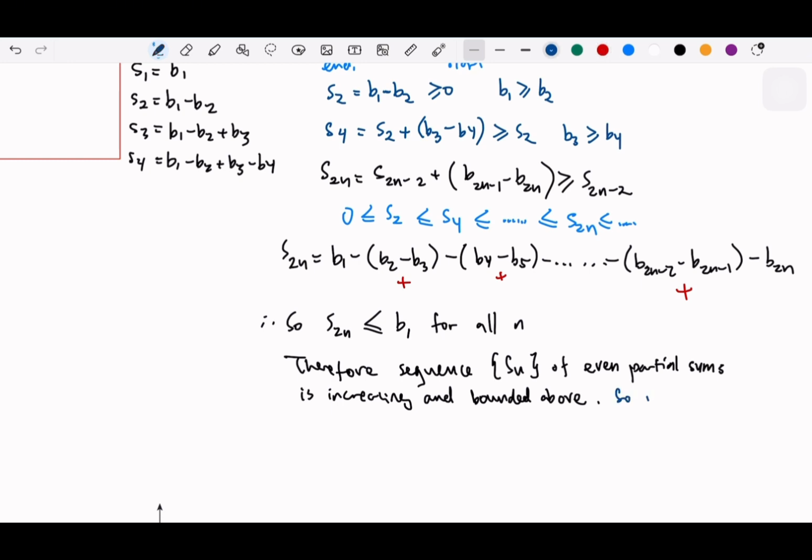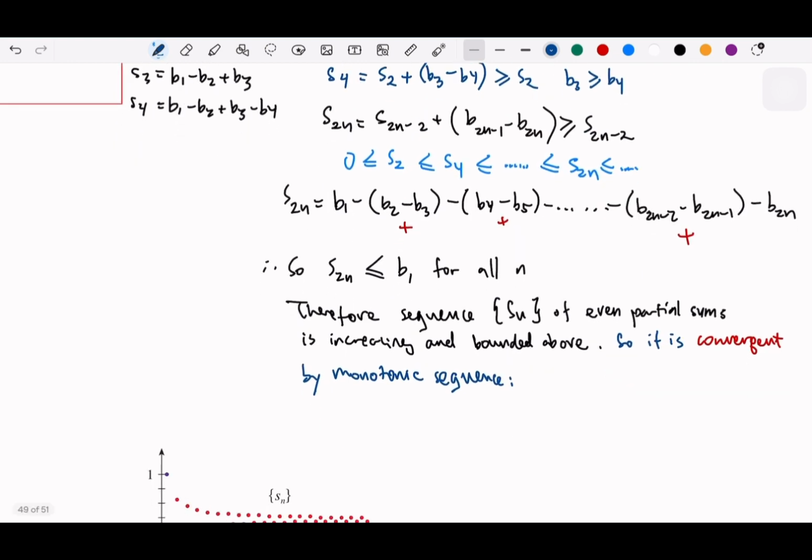So it is convergent by the monotonic sequence theorem. And we can call this limit for the 2n, and we end up with S.